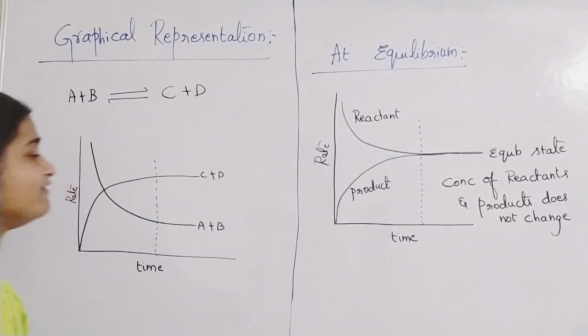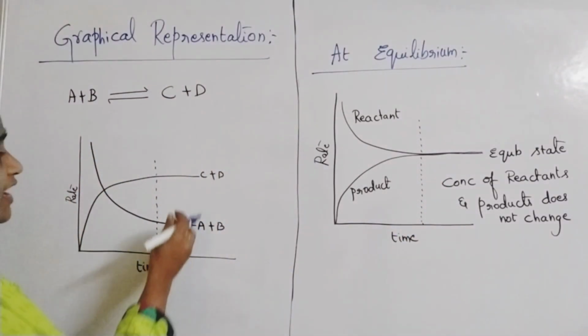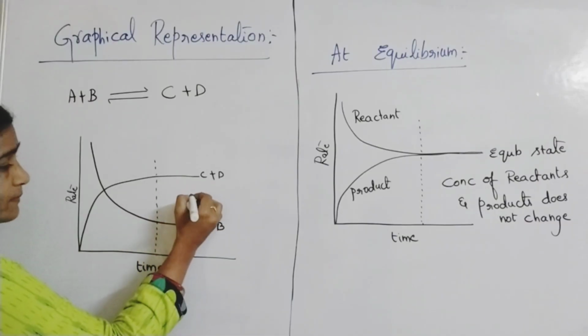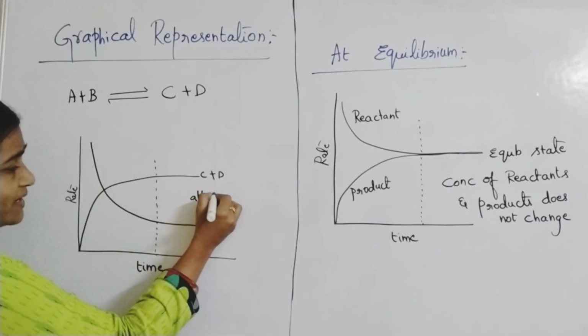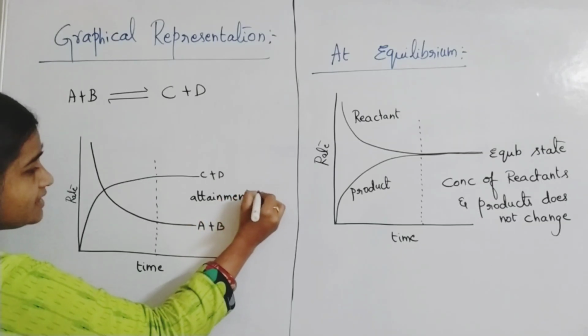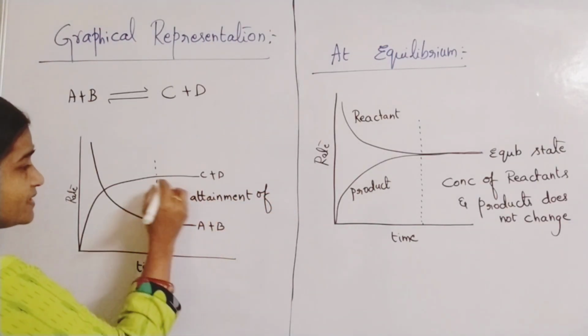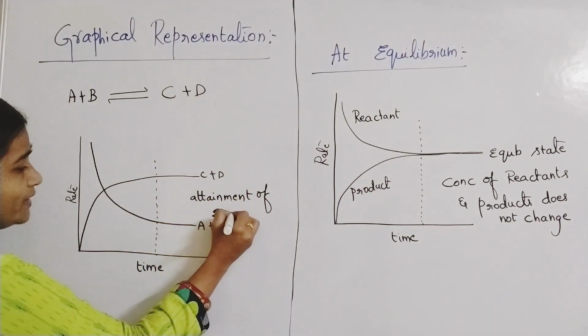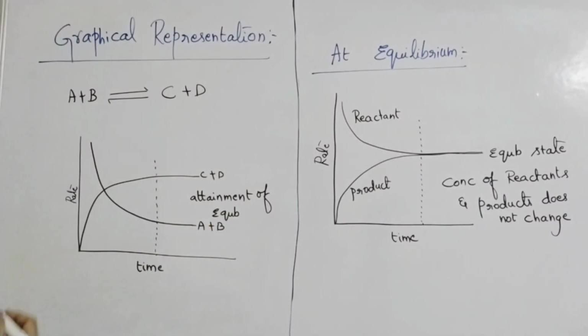Suppose you are having two products and they are attaining the state of equilibrium, then you will present the graph like this: attainment of equilibrium. That straight line represents what? Attainment of equilibrium. So you can represent the graph like this also for two different reactants and two different products. Okay, so please note down.